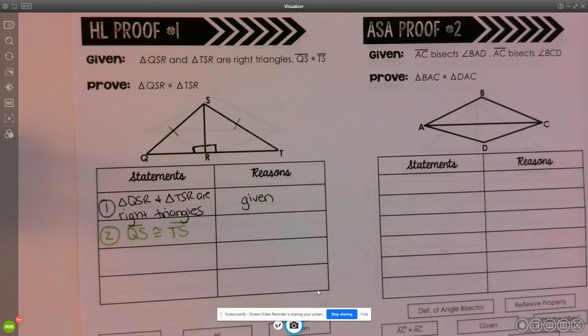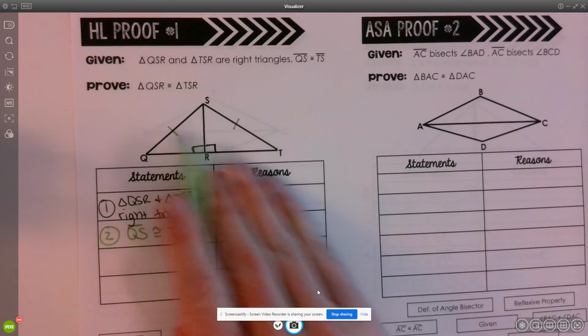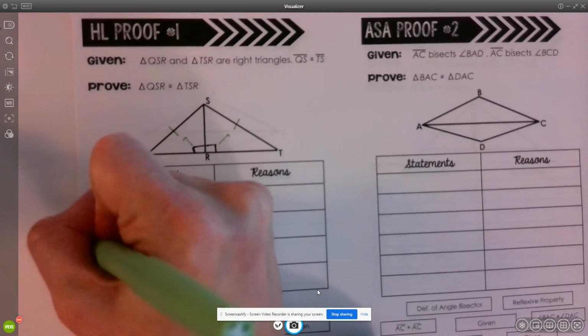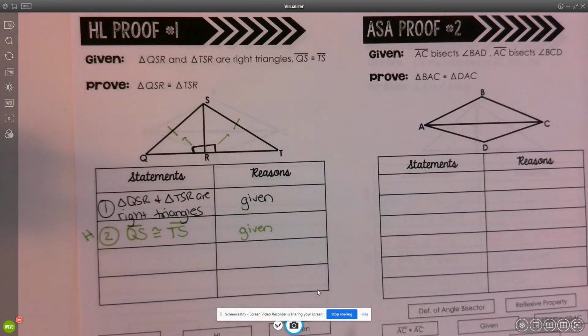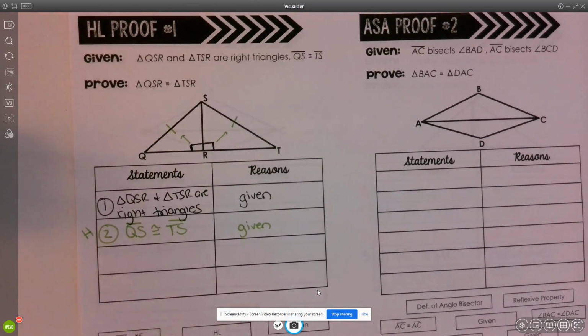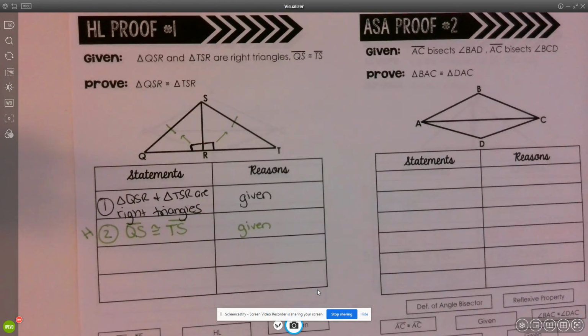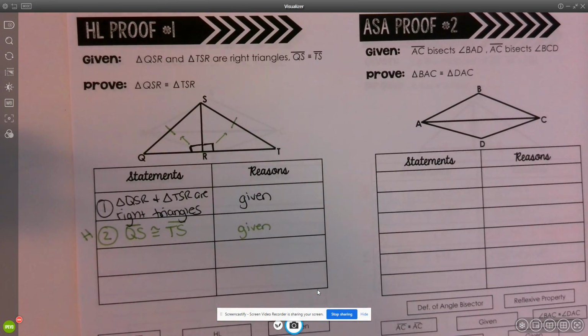And so right now, when I'm looking at my picture, these two segments in both of these triangles are across from the right angle. So these sides would be the hypotenuse. So right now, we know that the hypotenuse in each of the triangles are congruent. And so all we need now is to figure out if one of the legs in our two triangles are congruent.